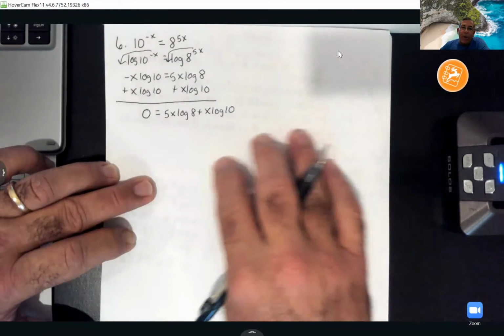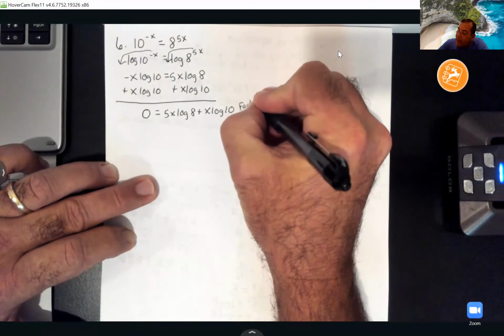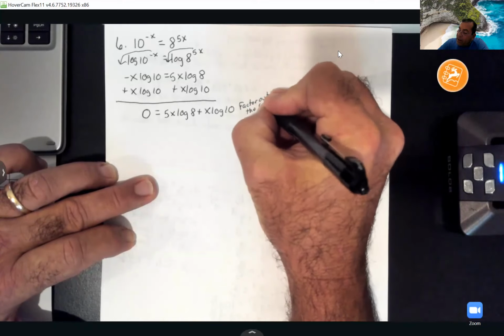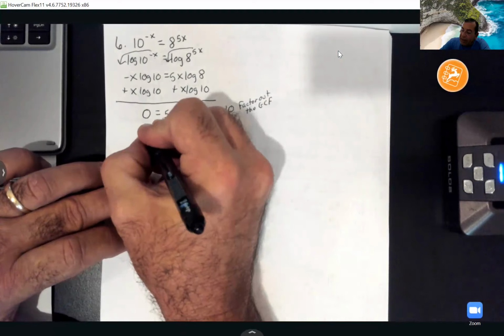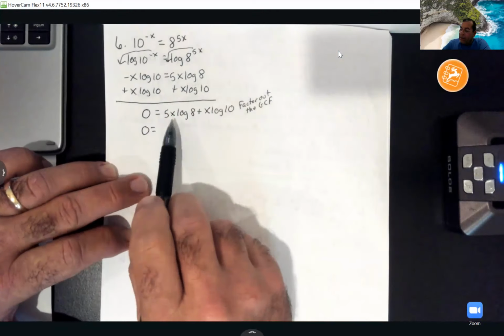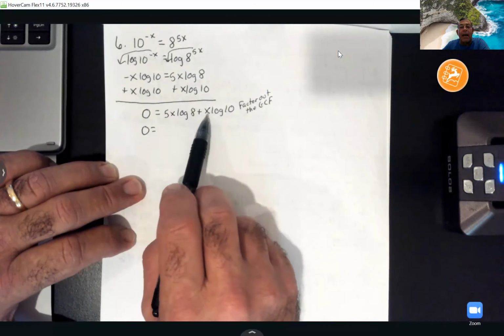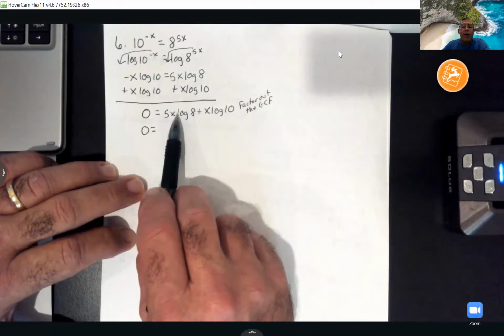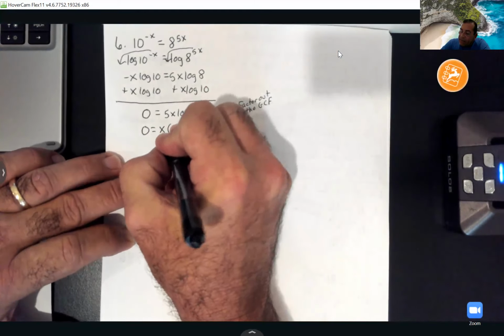And y'all, the way you're going to do that on this one, you're going to factor out the greatest common factor. So bring that 0 down. So the biggest common factor of these two terms is the x. The x is the only thing they got in common. So we're going to factor out that x.